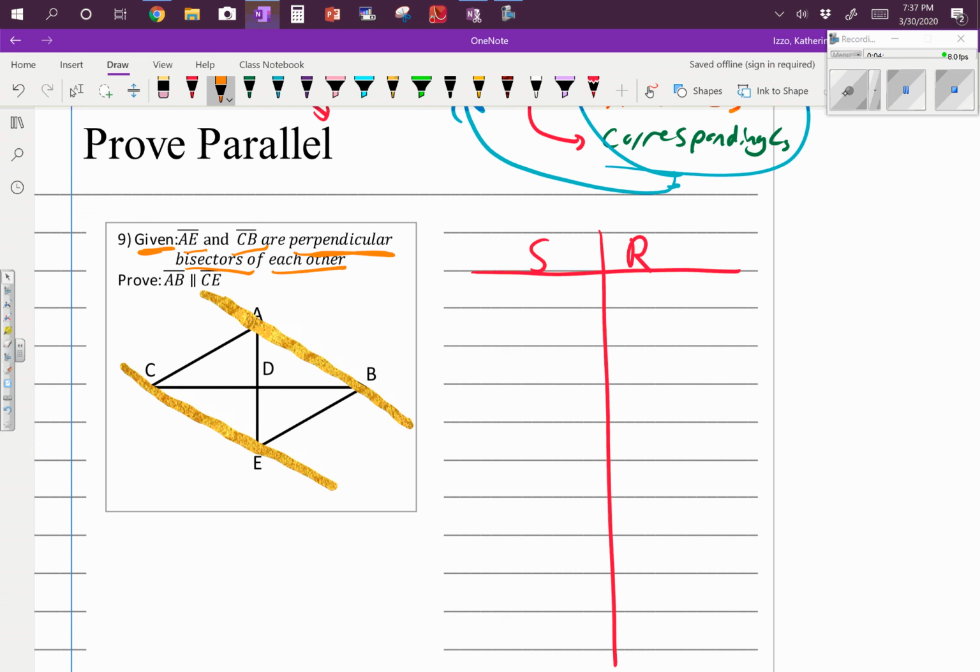It's just so much information right there. So let's try to start unpacking that. AE and CB are perpendicular bisectors of each other. That's a given.